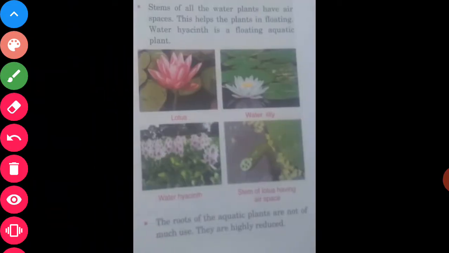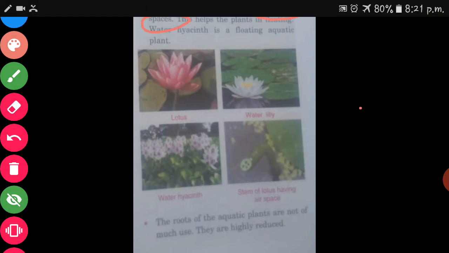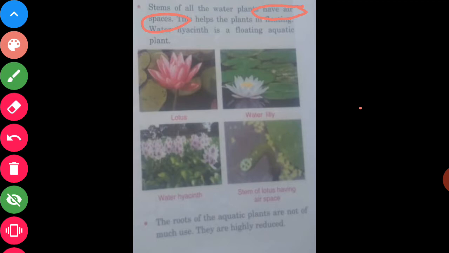Stems of all the water plants have air spaces. This helps the plant in floating. In those spaces air is present.